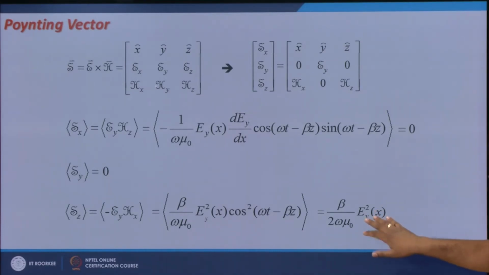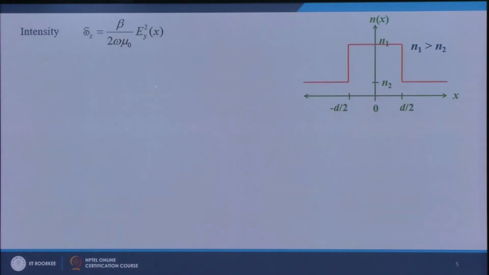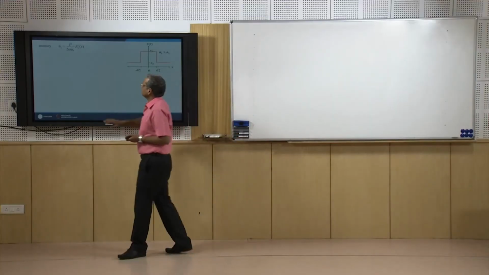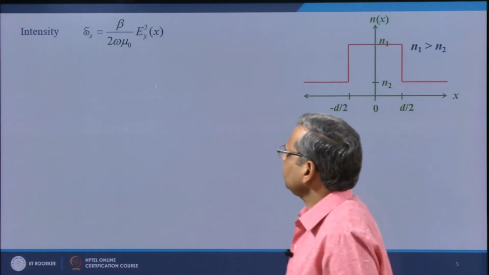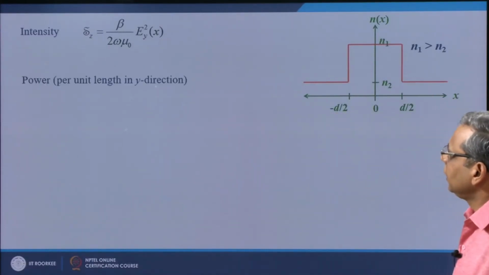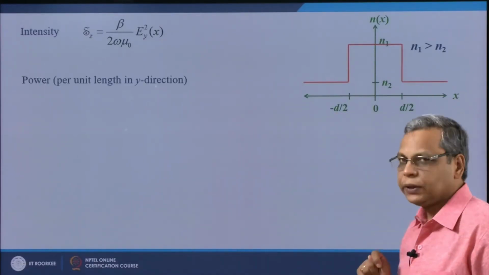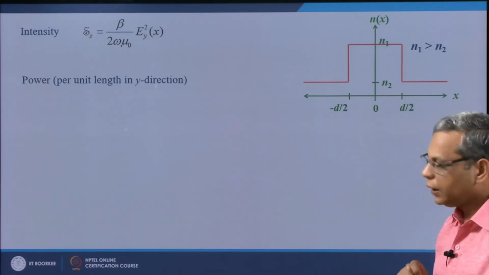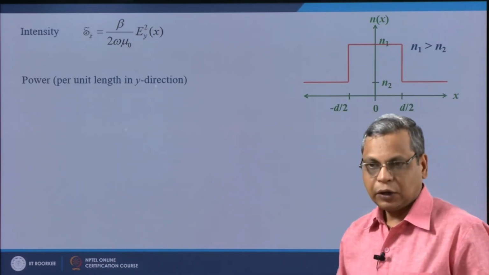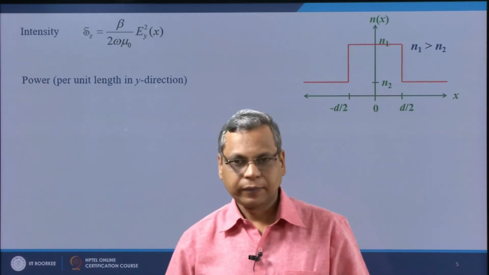If I integrate it over the entire area, then I can get the power associated with the mode. So, intensity is this. To find out power, I should integrate it over the area, over the transverse cross section.